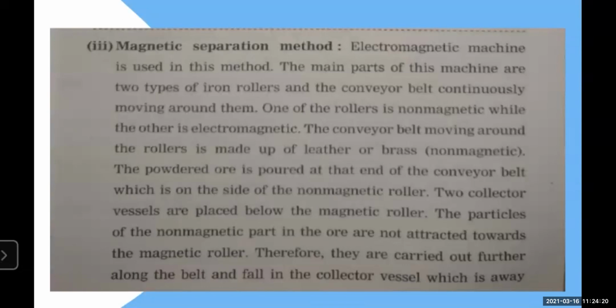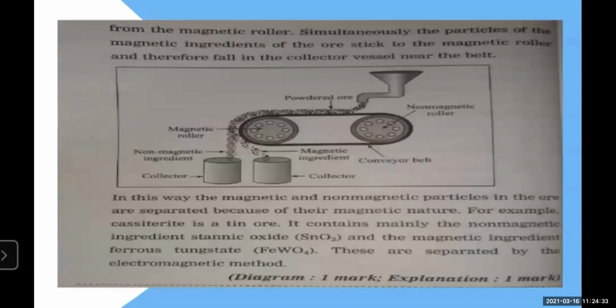The particles of the non-magnetic part in the ore are not attracted towards the magnetic roller, therefore they are carried out further along the belt and fall in the collector vessel which is away from the magnetic roller. Simultaneously, the particles of the magnetic ingredients of the ore stick to the magnetic roller and therefore fall in the collector vessel near the belt.